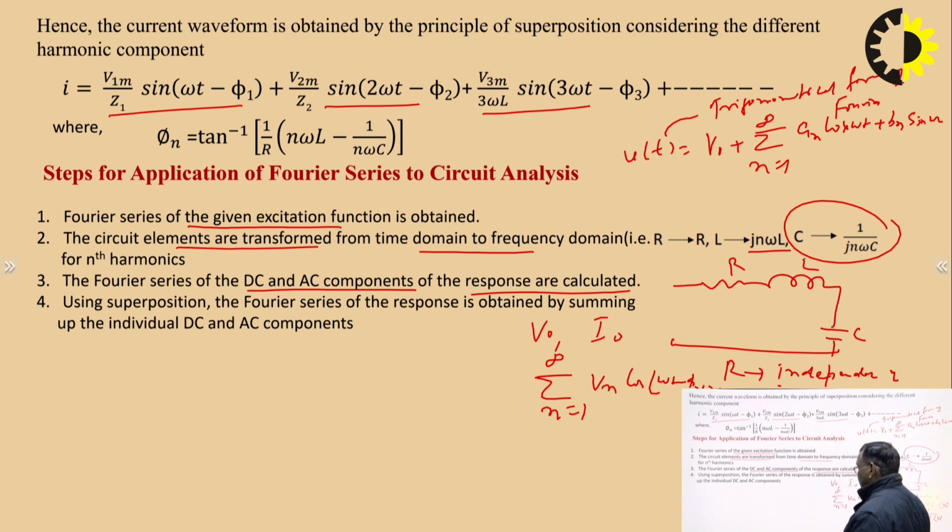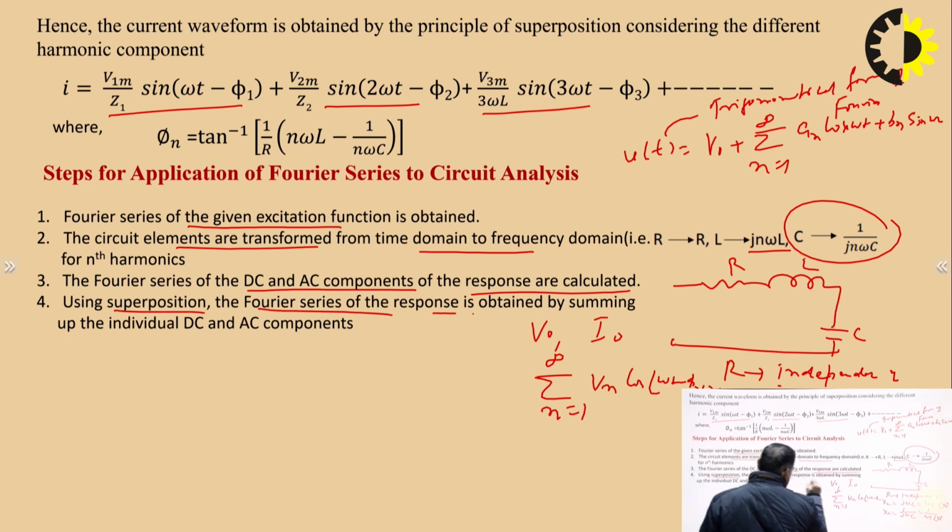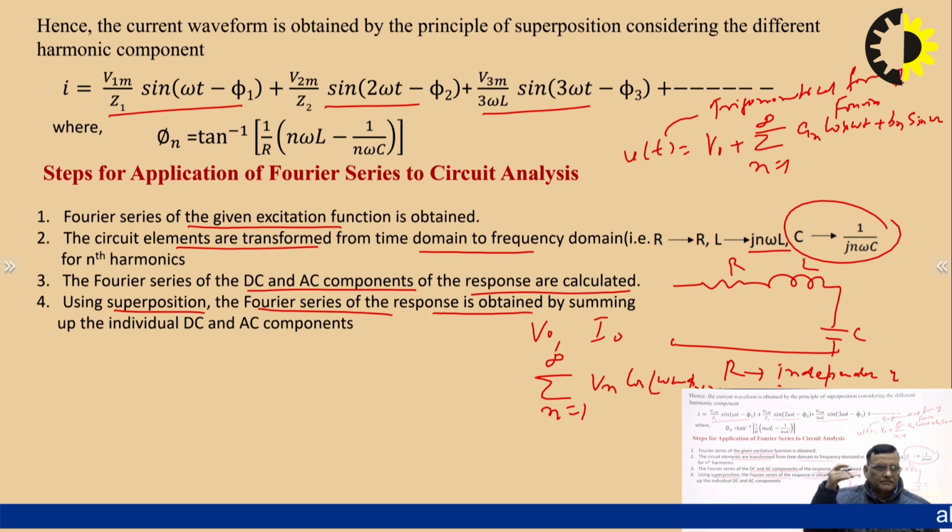Then using superposition, the Fourier series of the response is obtained by summing the individual DC and AC components. First we take the response due to the fundamental component, then the response due to the second harmonic, third harmonic, and so on.